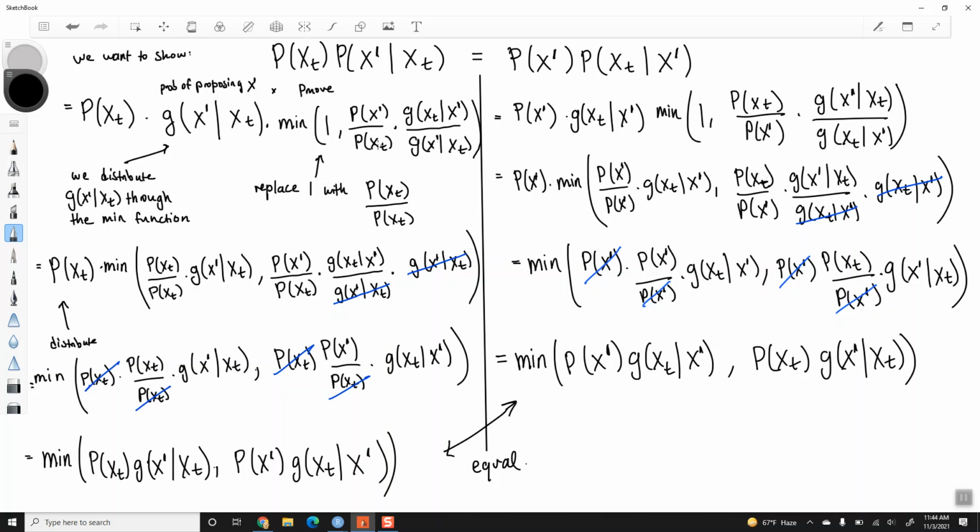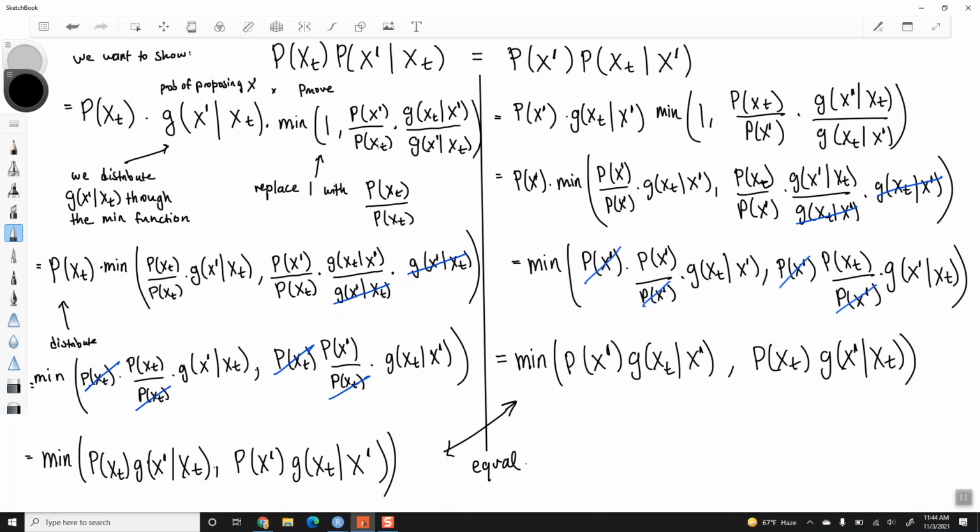Because the acceptance probability of going to a lower probability state is exactly equal to the relative ratio between the lower probability state and the higher probability state.